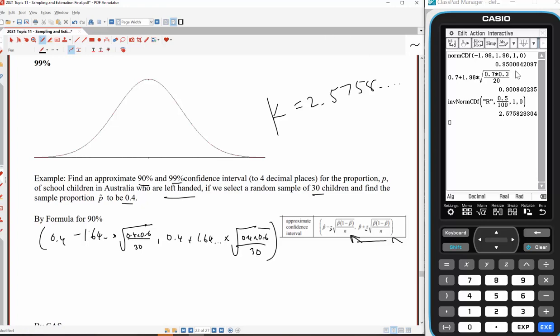Okay, so here, if we type this in, 0.4 take away, so I'm being a bit loose with my approximations here.